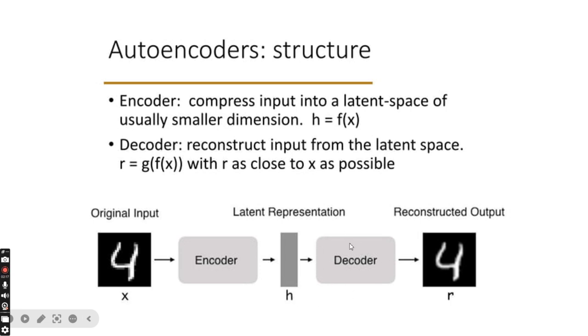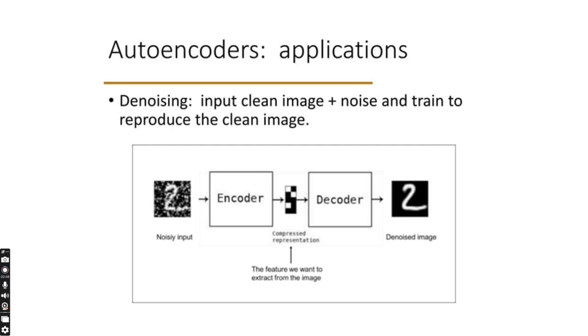Then the decoder unit reconstructs the input from the latent space, r equal to g of h. Encoder, compression; decoder, reconstruction. Then we can see the reconstructed output. So this is the structure of an autoencoder.